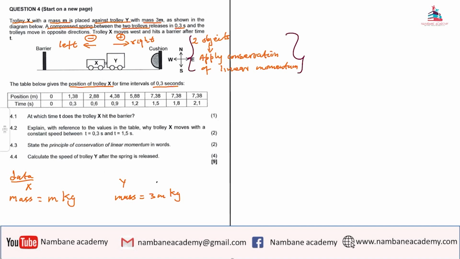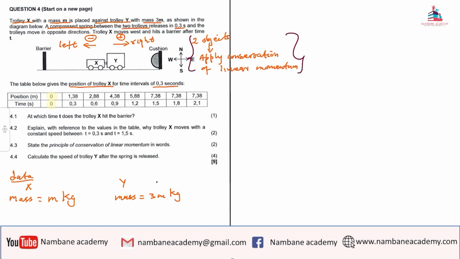We have not attempted the question yet. Then let's interpret the table that has been given. Let me get a highlighter and say at position 0, time is 0.